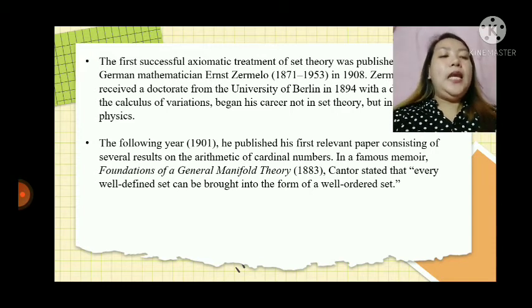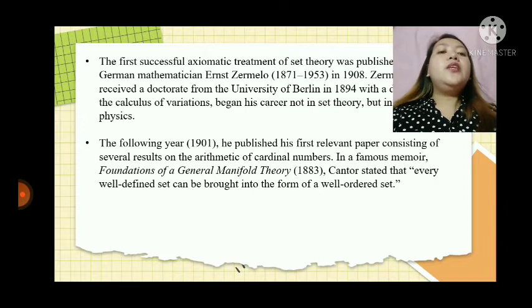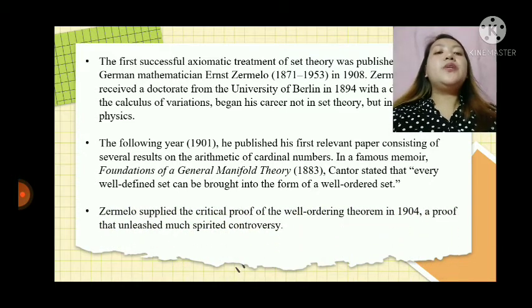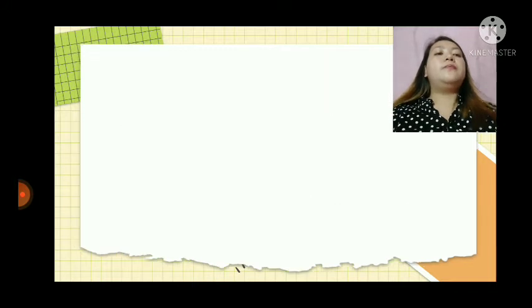In a famous memoir, Foundations of General Manifold Theory, in 1883, Cantor stated that every well-defined set can be brought into the form of a well-ordered set. Zermelo supplied the proof of the well-ordering theorem in 1904, a proof that unleashed much spirited controversy.